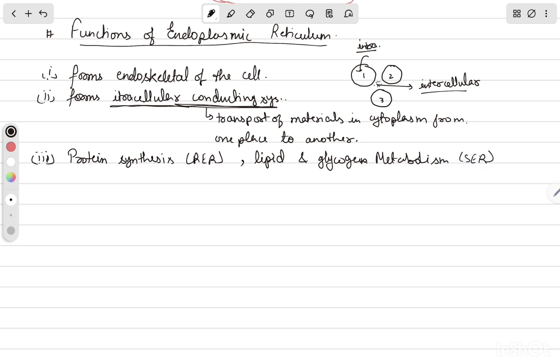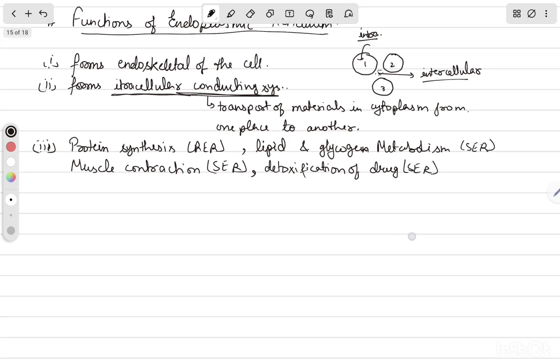Muscle contraction is the function of SER. Detoxification of drug is the function of SER, right? So these are the functions of endoplasmic reticulum.